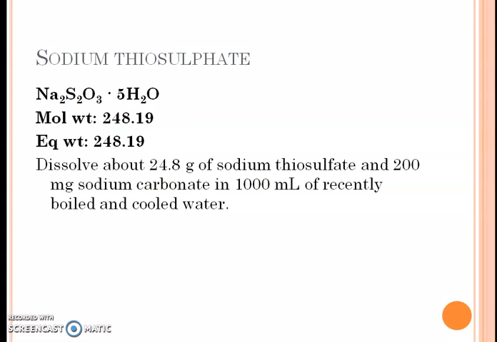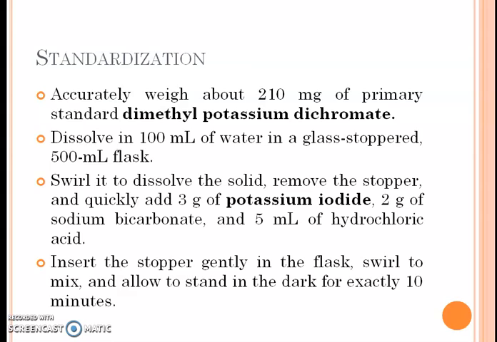Sodium thiosulfate, its molecular weight is 258 gram per mole and equivalent weight is 248 gram per mole, that is both are the same. So dissolve 24.8 gram of sodium thiosulfate and 200 milligram of sodium carbonate in 1000 ml of recently boiled and cooled water.